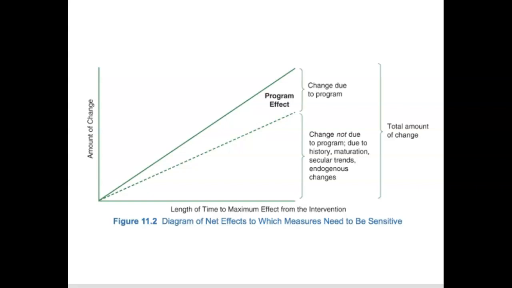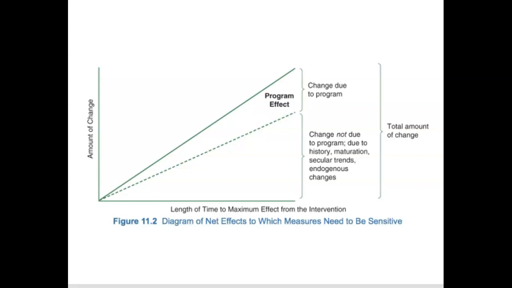Net effects are those only attributable to the program, while total change is due to the effects of the program as well as history, maturation, secular trends, and other endogenous changes that we cannot measure or account for.